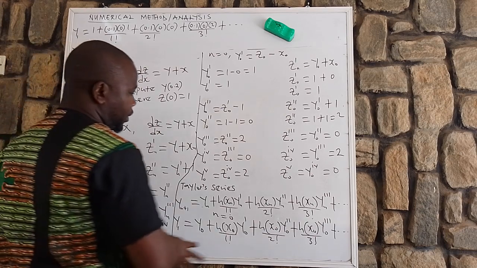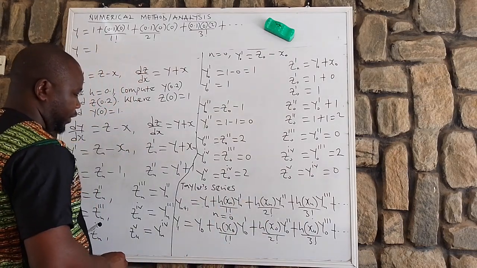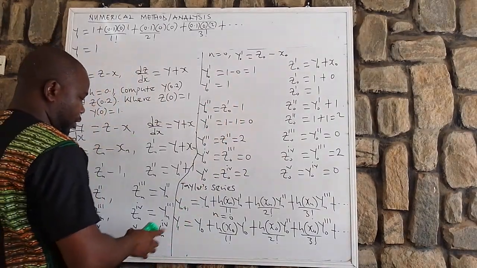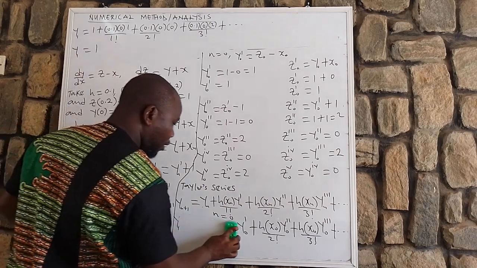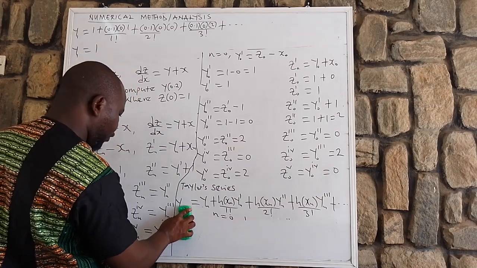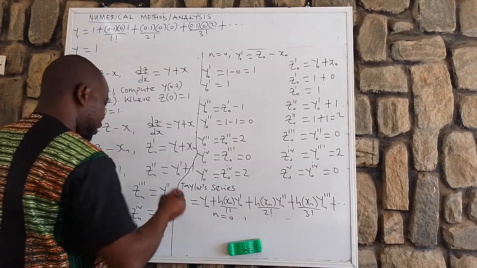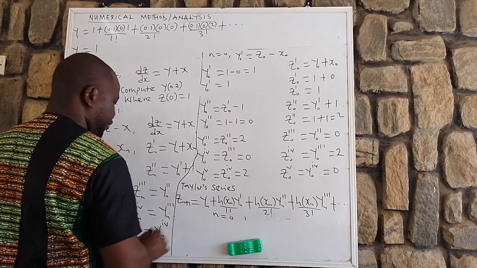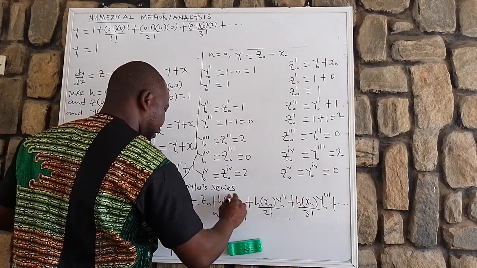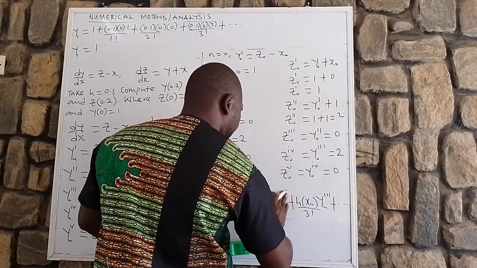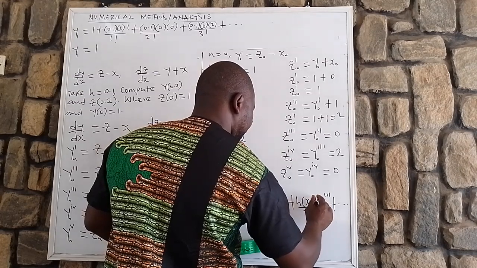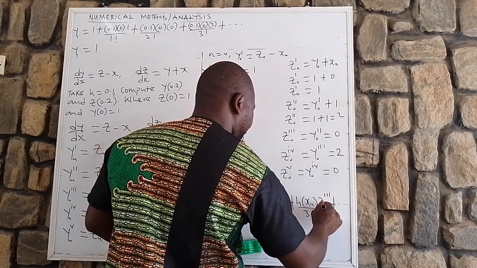Then let's consider z. Is that clear? The Taylor series for z will now be equal to the same thing, but instead of y we change it to z. Anywhere we see y, it becomes z: this is z n, this is z prime n, this is z prime prime n, this is z prime prime prime n.